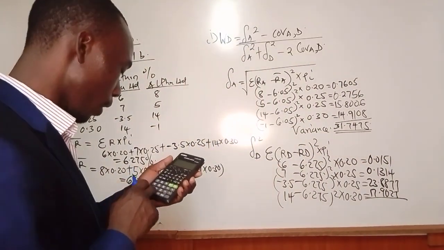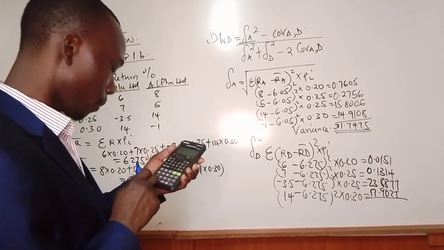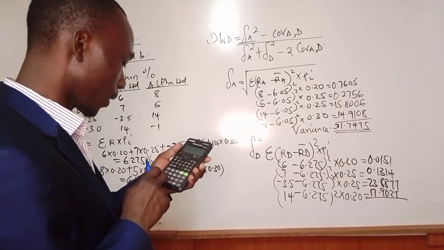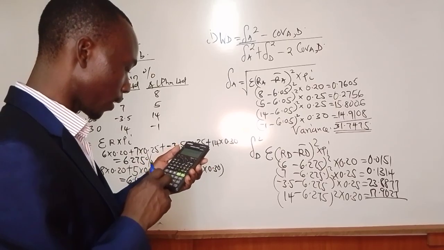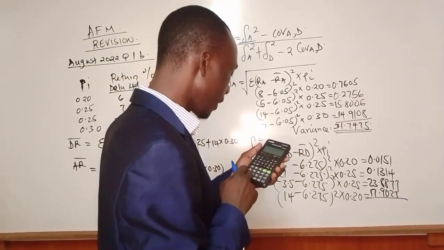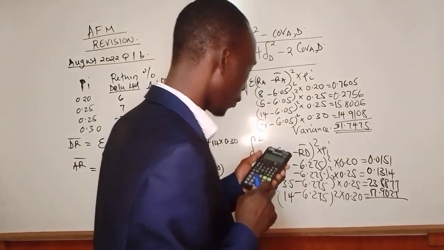Then you get the total. The total will be 0.0151 plus 0.1314 plus 23.8877. Then you add 17.9027. So you get a total of how much?